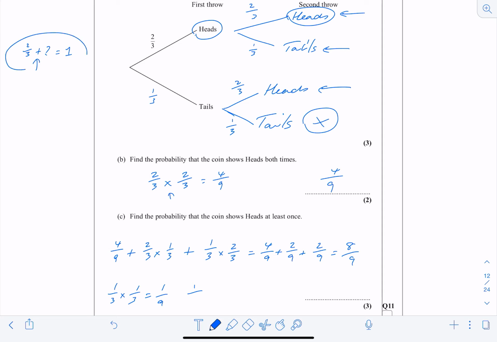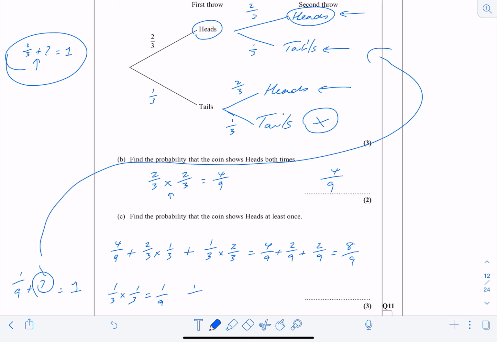So it's 1 over 9 plus the probability of those other 3 equals 1. So it must equal 8 over 9. Nice.